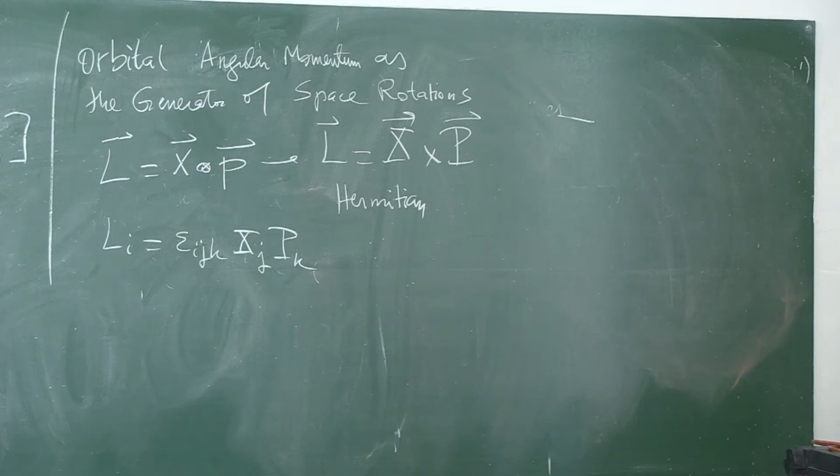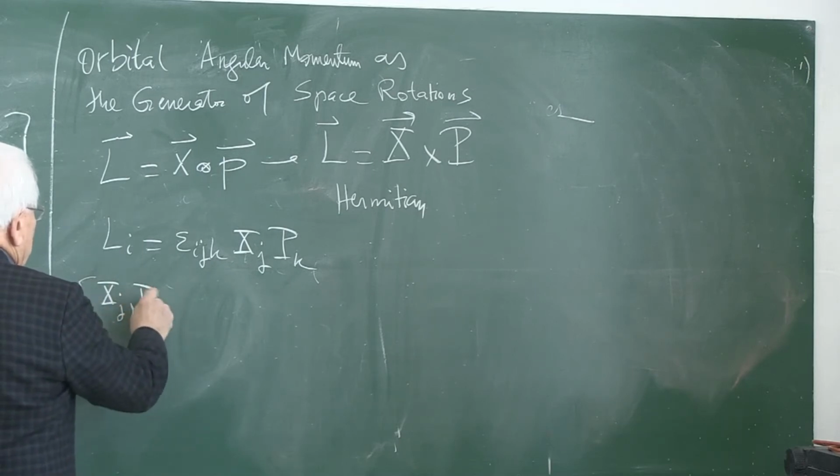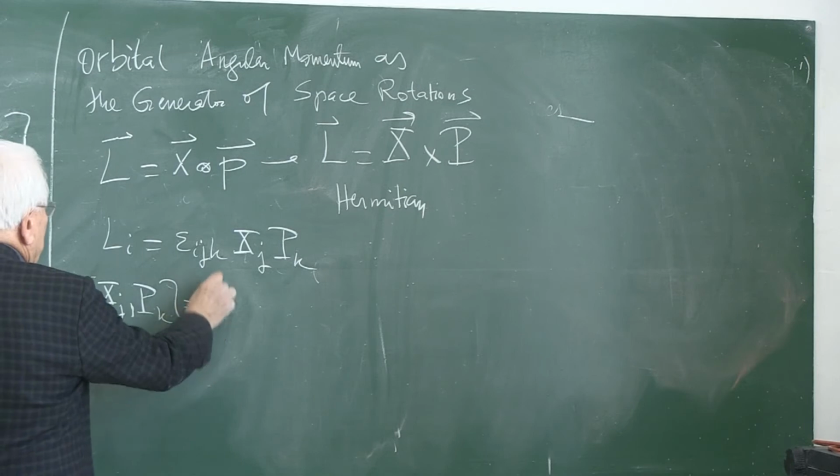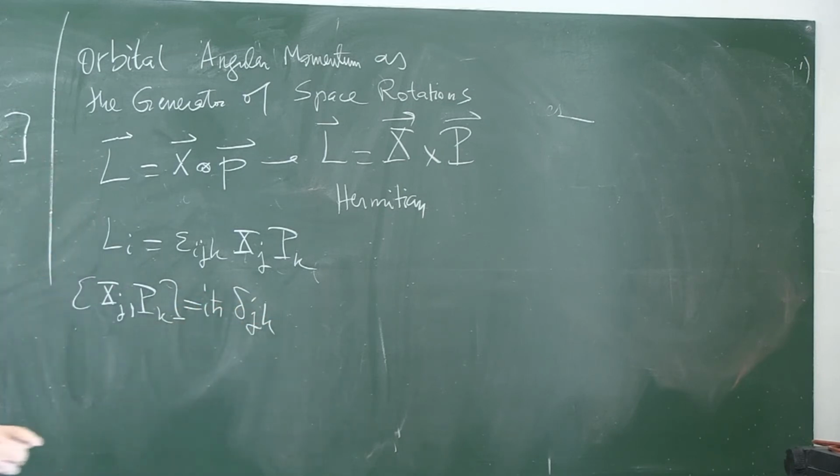It is pk and xj, and then you jump pk over xj using the basic commutation relation, where xj and pk commute to i h bar delta jk.